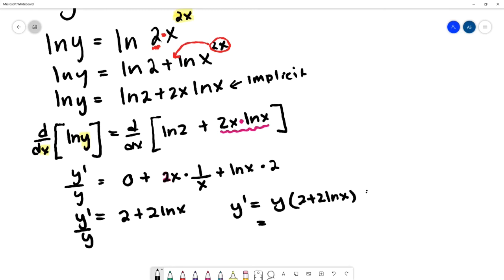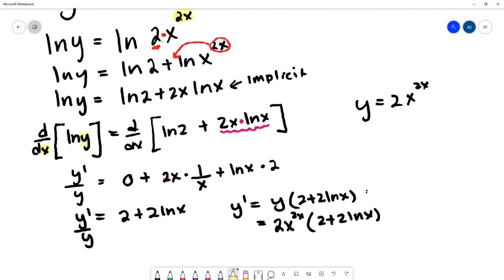And at the beginning, remember, we had the equation written explicitly. We had y equals 2x to the 2x. And so I can substitute so that I only have variables of x on the right-hand side. That would be 2x to the 2x times 2 plus 2 natural log x. And there's one more thing that I can do here.